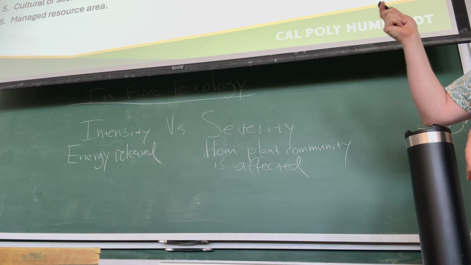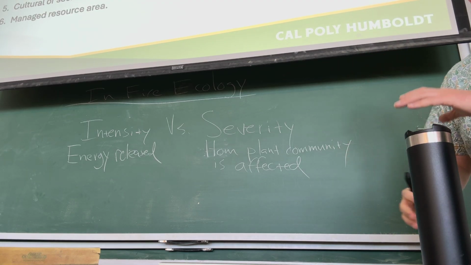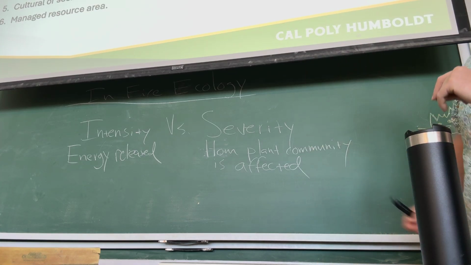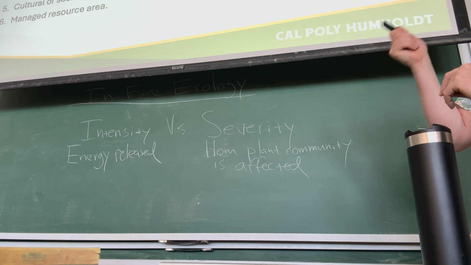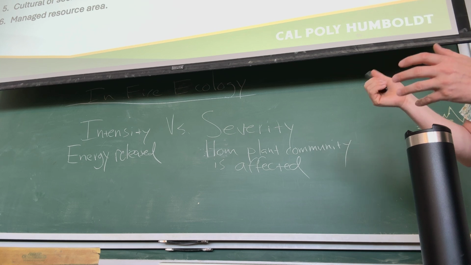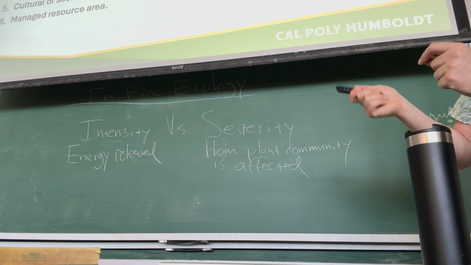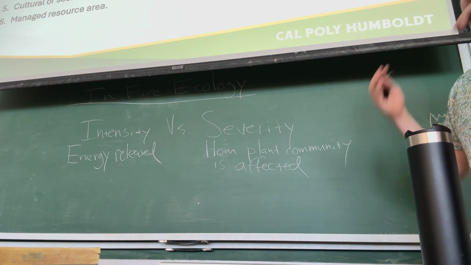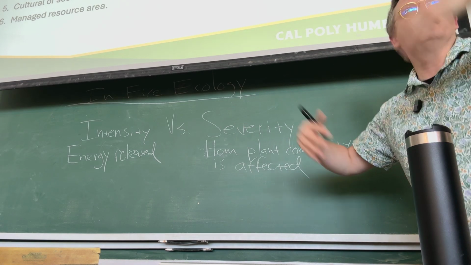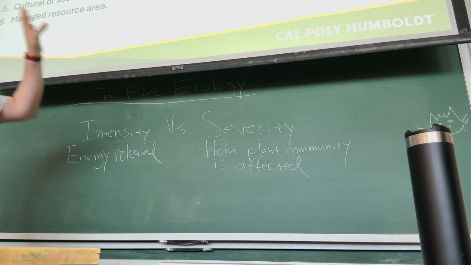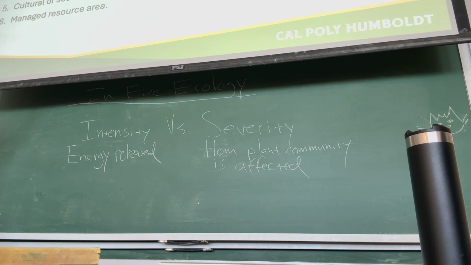But this little or none thing is relating to how much human impact is allowed. So an ecological reserve in a wilderness area, you can't really take a lot out of it. A national park, you can't really take a lot out of it. A managed resource area, number 6 here, you are allowing people to take from it regularly. You're just managing how they do it. So I'm going to need to revise this slide a little bit to make the point that I'm trying to illustrate clear enough.